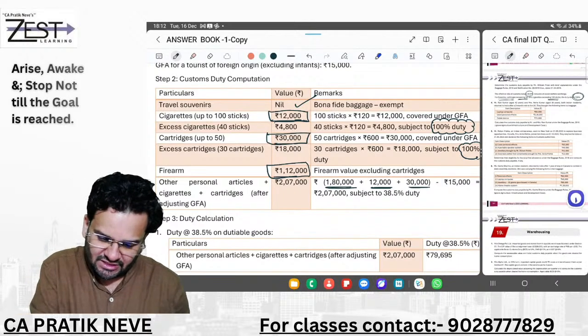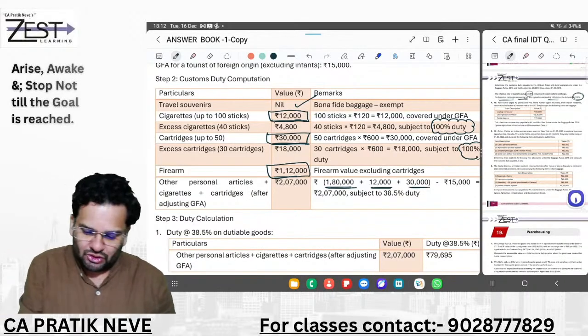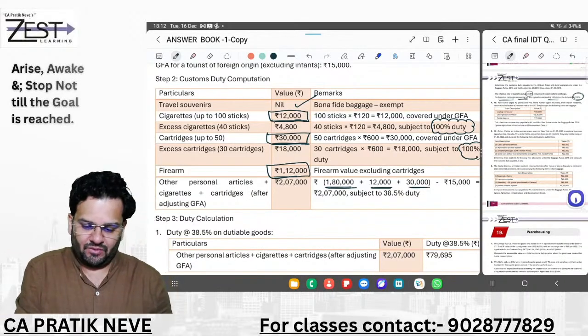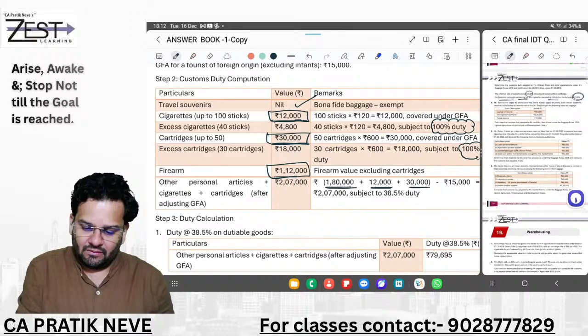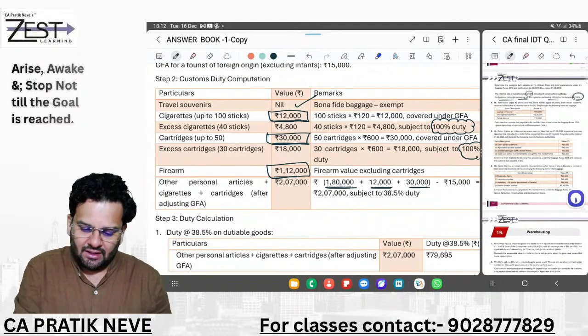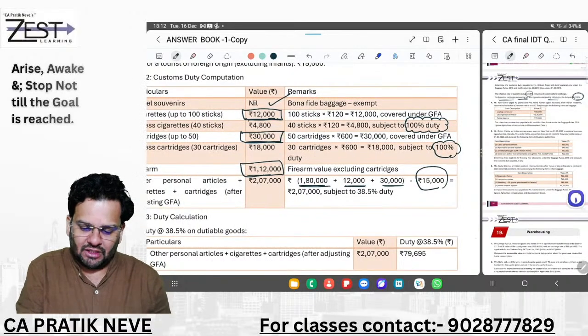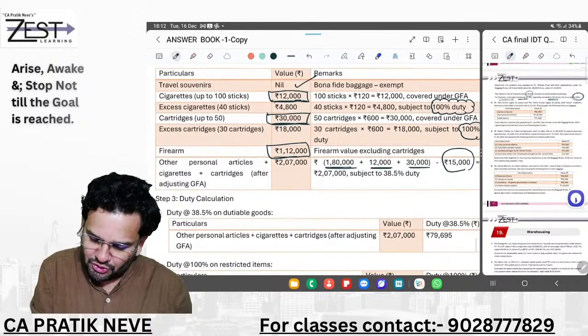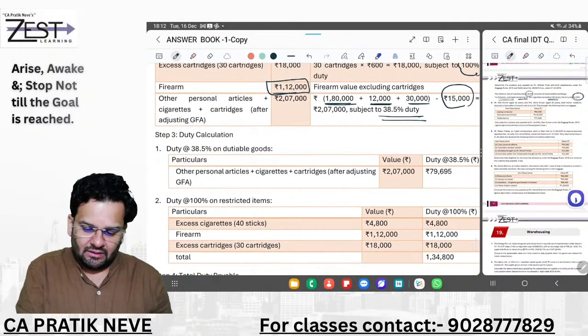This cartridges up to 50. So whatever you are going to get GFA, that I have taken together, from that I have taken GFA of 15,000 and charged it to duty at 38.5%.